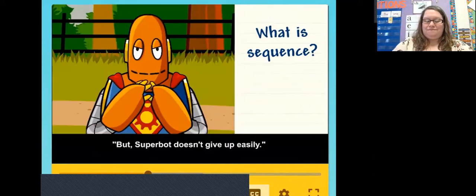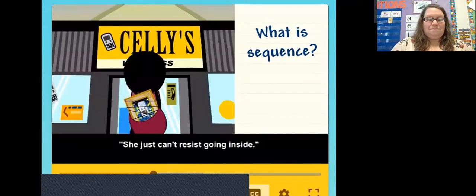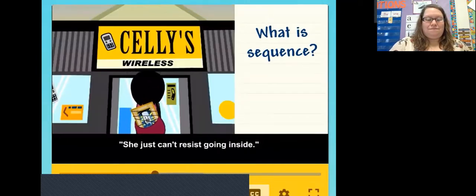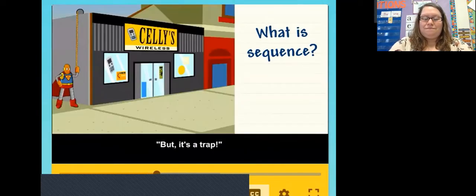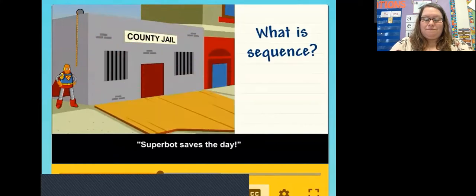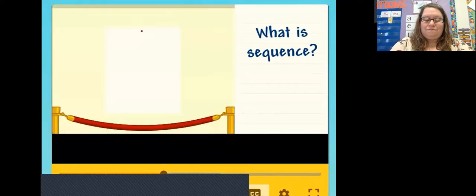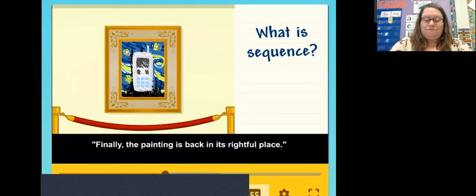But Superbot doesn't give up easily. The evil Dr. M passes by a store. She just can't resist going inside. But it's a trap. Superbot saves the day. Finally, the painting is back in its rightful place.